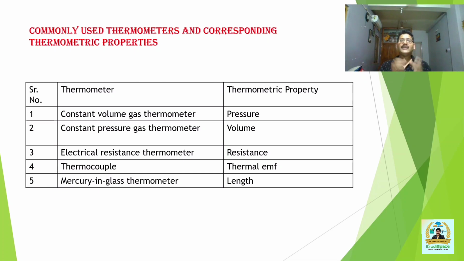But in case of mercury, that is quite significant, and we can measure that. So here the thermometric property is length. As it is subjected to higher temperature, there will be expansion, and you can find out the corresponding temperature. It is so calibrated that it shows the exact temperature. Similarly, considering the other thermometric properties, the temperature can easily be measured in case of other thermometers.